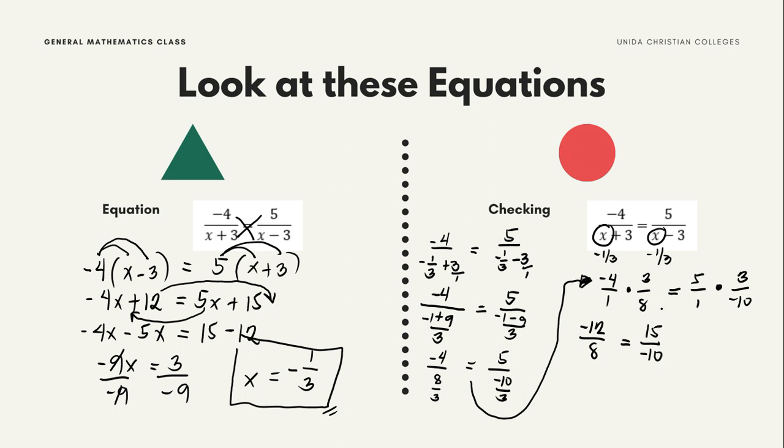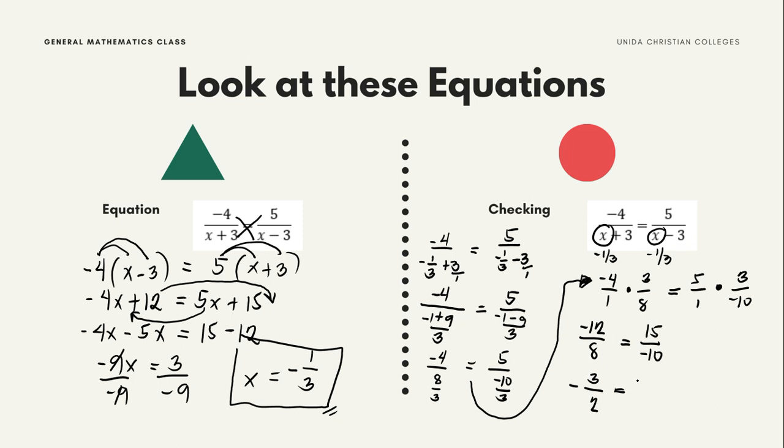And then after that, reduce or lowest term. So we all know that 12 and 8 is divisible by 4. So 12 divided by 4 is 3. 8 divided by 4 is 2. And then negative divided by positive is negative. Is equal to. So we all know that 15 and 10 is divisible by 5.